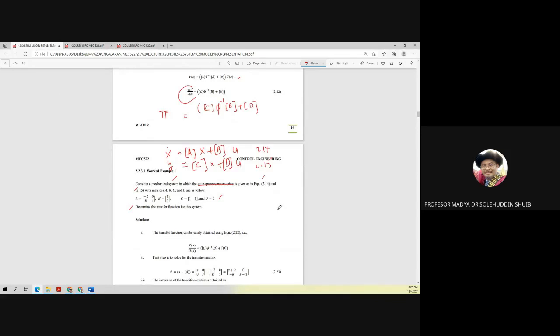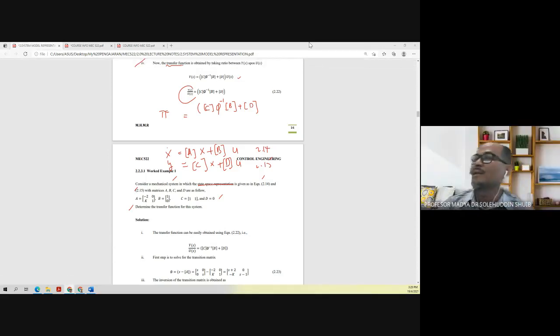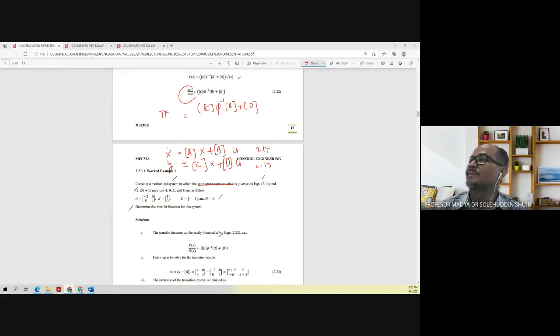All of the information is given, so you need to determine the transfer function of the system. From equation 2.22, we have this equation, which is C phi to the power of minus 1 times B plus D.